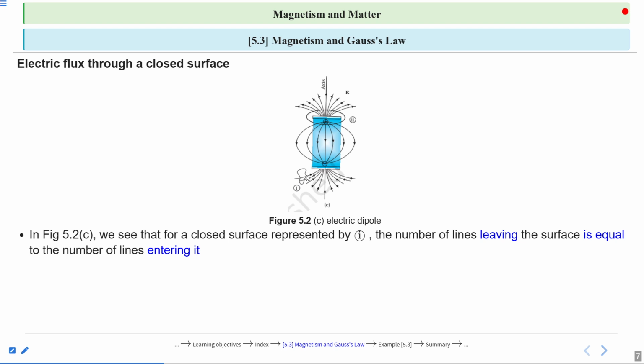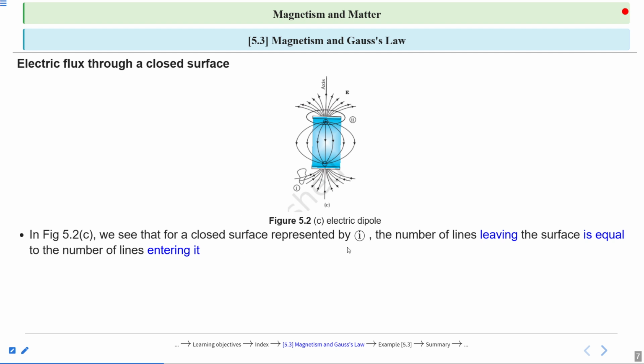If you imagine it in 3D, it is an irregular closed surface. Like a football: a football is a closed surface, but it is regular. If the same type of surface is not completely spherical but some irregular shape, that is surface 1.